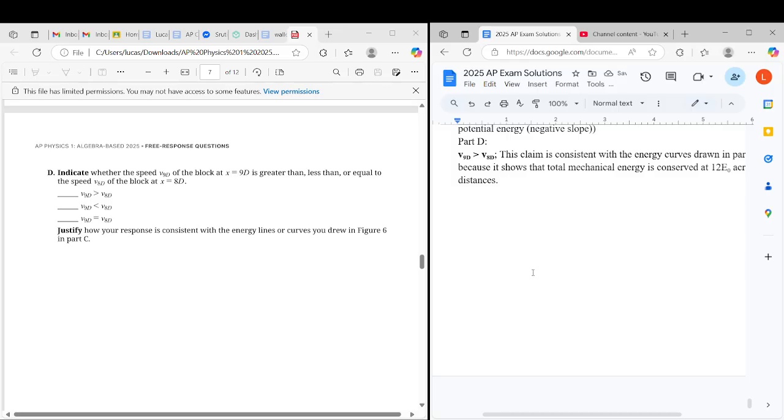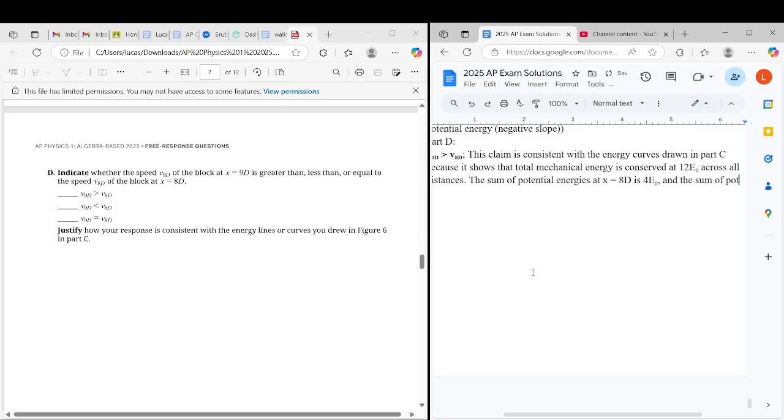And the sum of potential energies at x equals 8d is 4E sub 0, and the sum of potential energies at x equals 9d is slightly less than 4E sub 0.